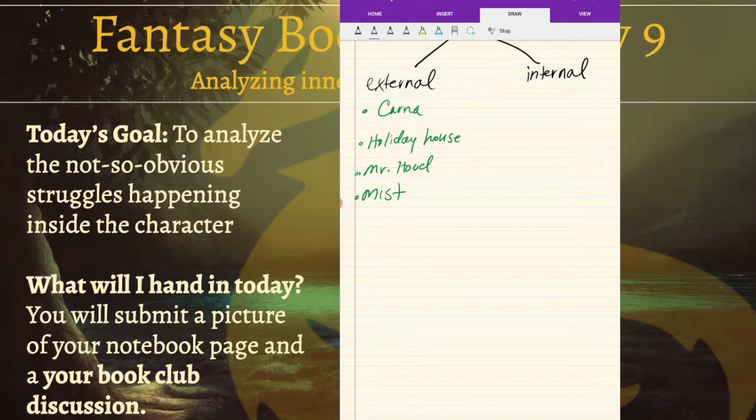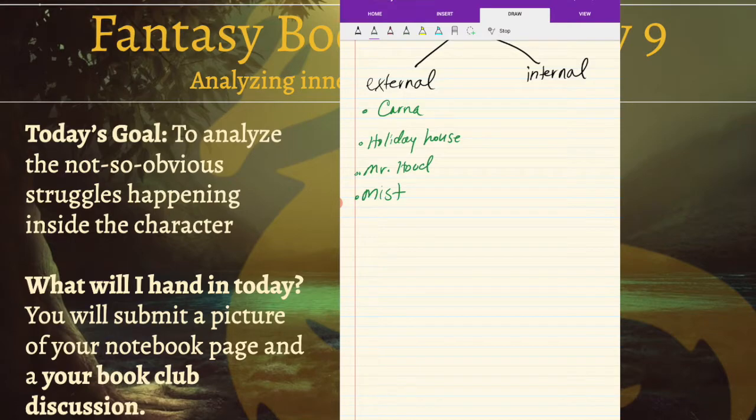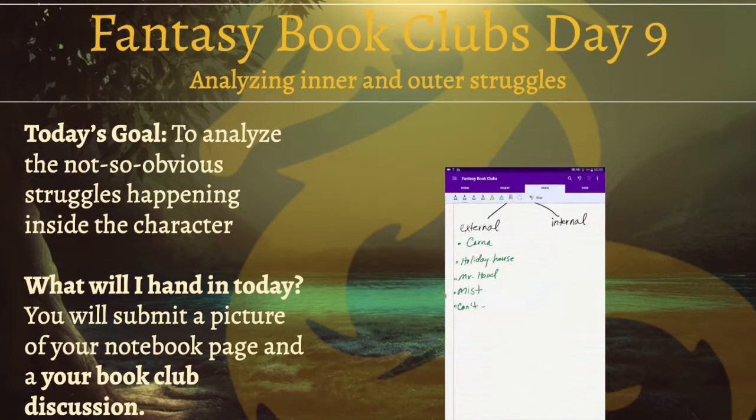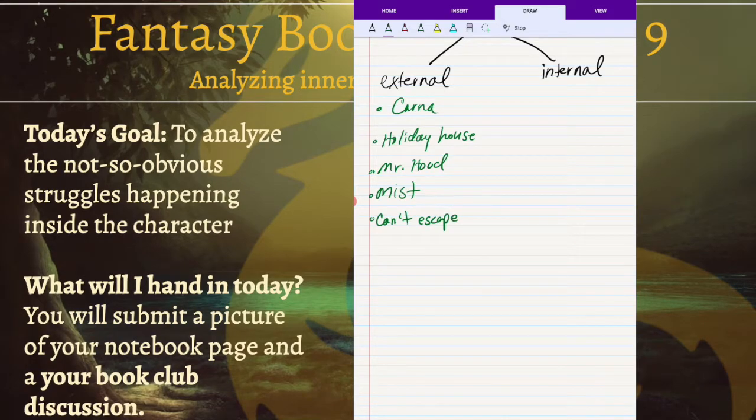So these are the things that are facing him on the outside, right? It's pretty simple here. It's the house and everything that comes with it, and he can't escape. Okay, so that's the basic idea there. That's the conflict that's outside of him, right?